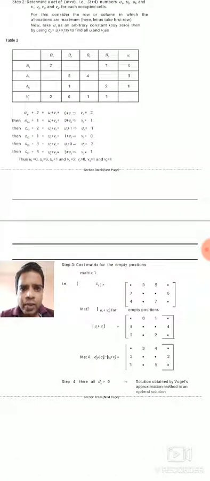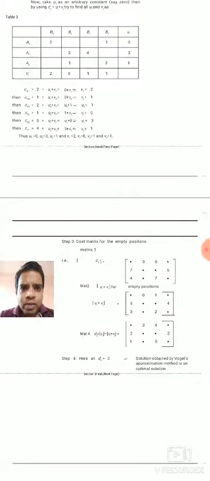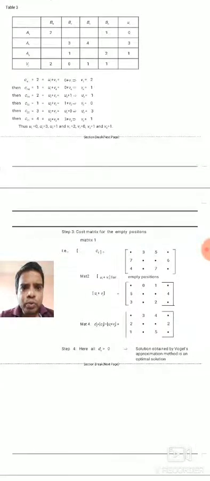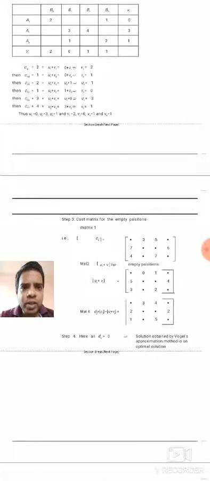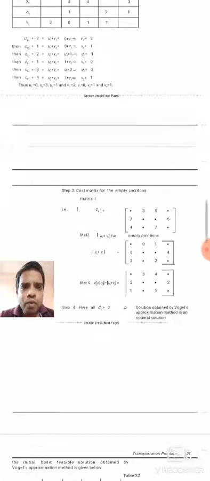Now we compute Cij equals ui plus vj, and we get the values. u1 we took as 0, u2 we get 3, u3 equals 1, v1 equals 2, v2 equals 0, v3 equals 1 and v4 equals 1.